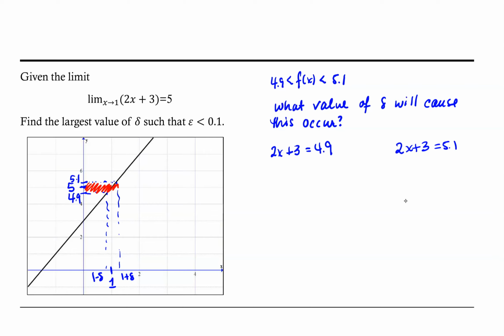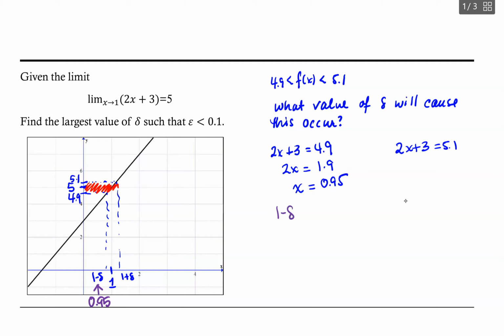Subtracting 3 from 4.9, we get 2x equals 1.9. Dividing by 2, we get that x is equal to 0.95. That would be the value of this 1 minus delta. So this here, this 1 minus delta should be 0.95.